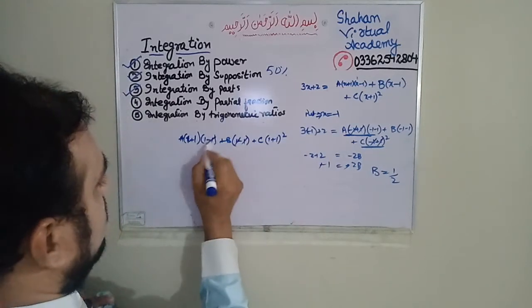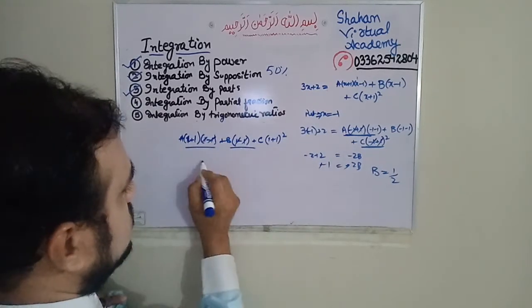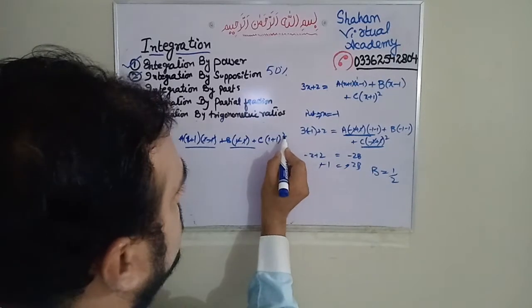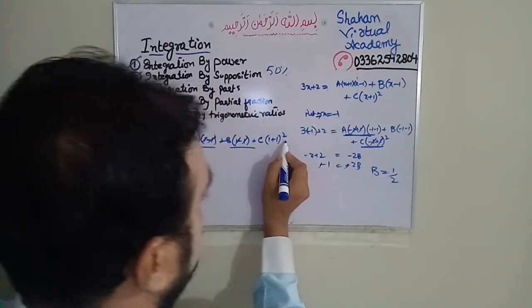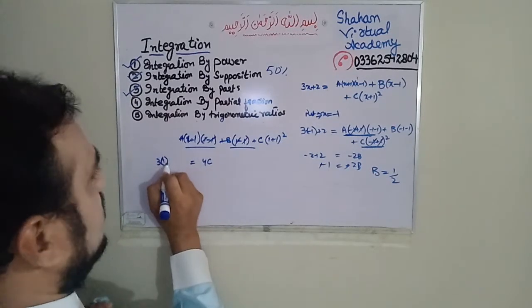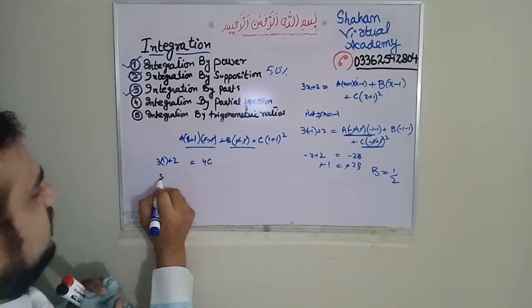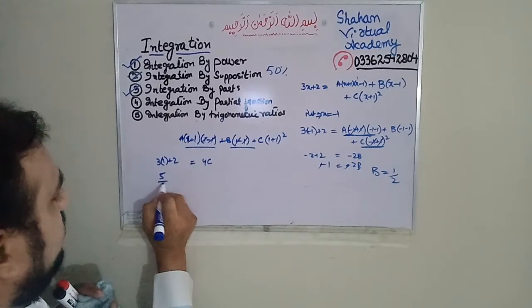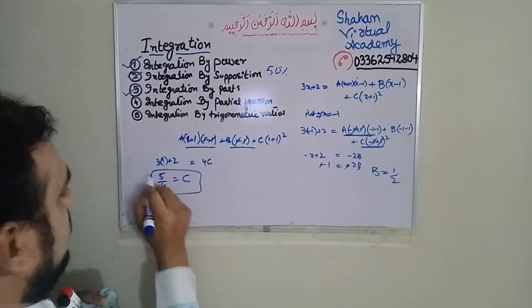So this will cancel out each other and become 0. 2 squared becomes 4, so 4c, and we put 1 here. So 5 upon 4, the value of c becomes 5 upon 4.